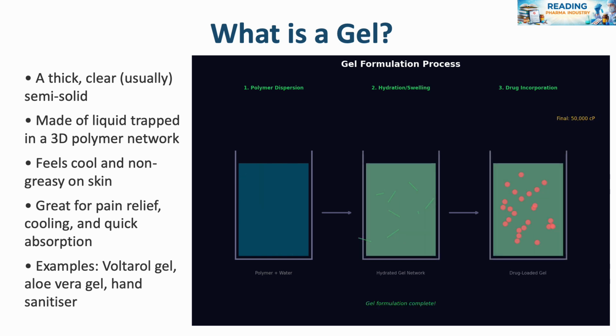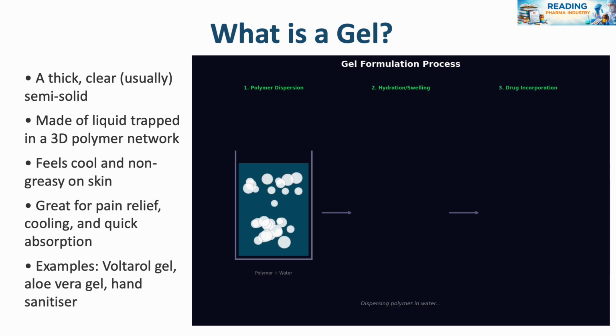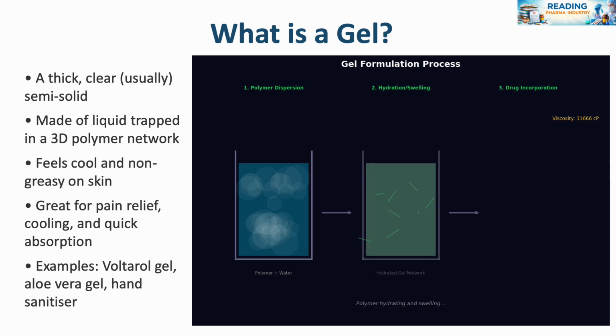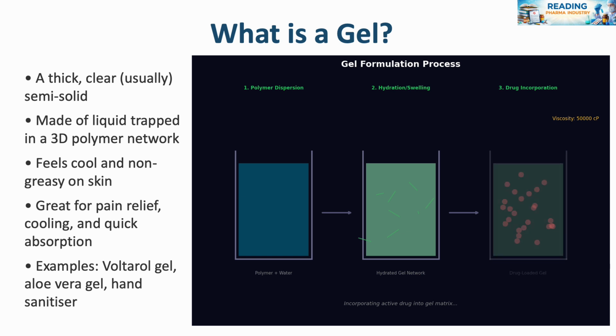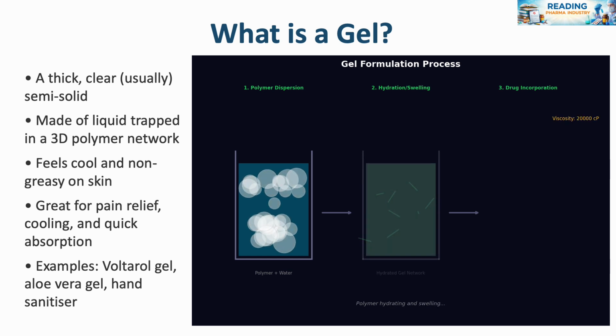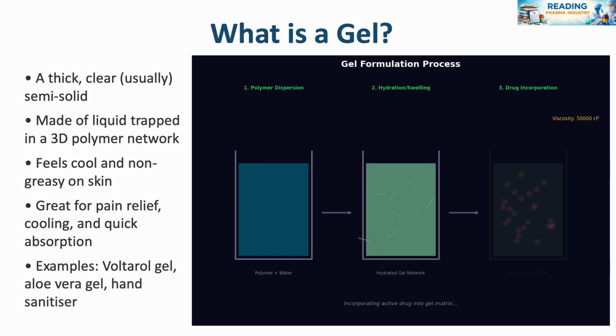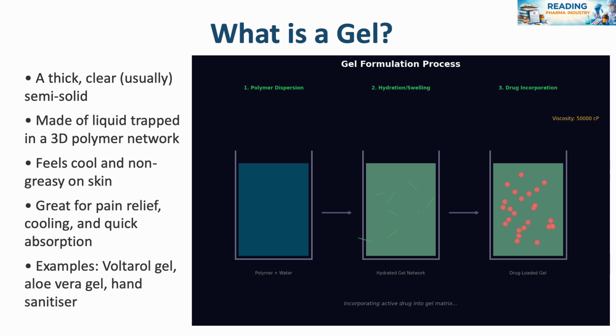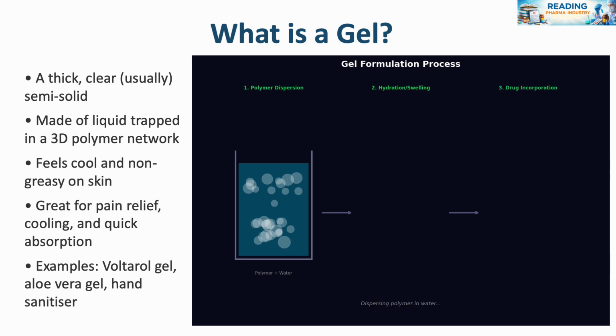Hence, it's used in Voltarol gel, which is a non-steroidal anti-inflammatory, diclofenac, and aloe vera gel for burns, and hand sanitizers, to help with hydration of the skin and incorporation of highly water soluble components.